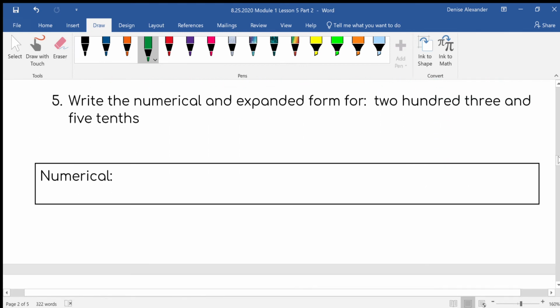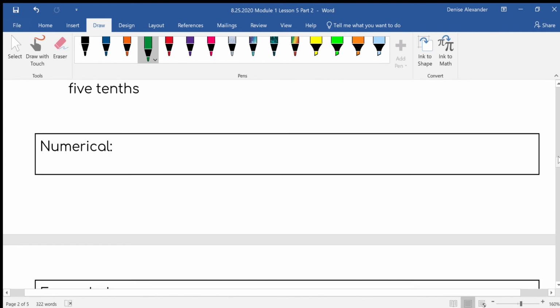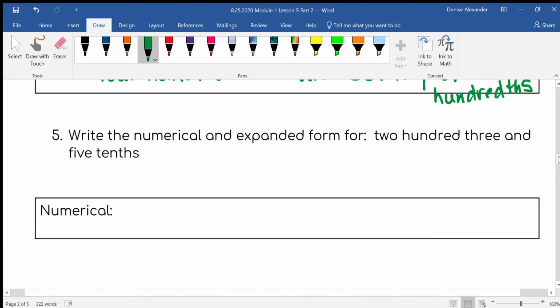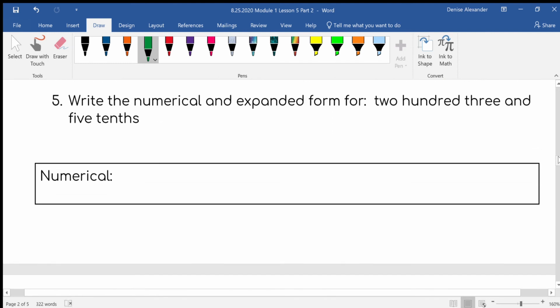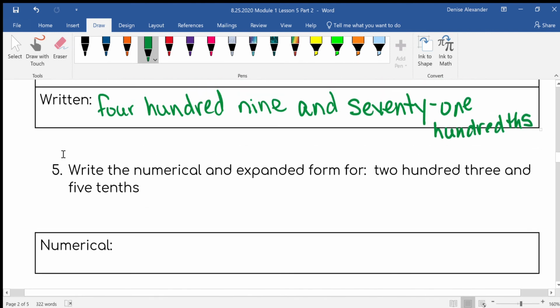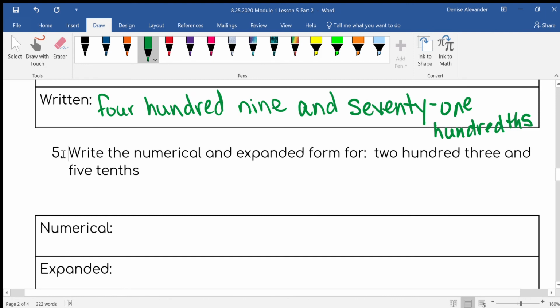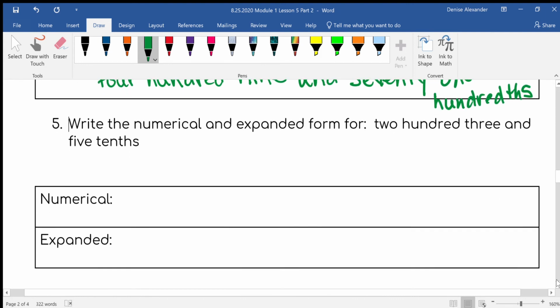So now we're going to go from word form to numerical and expanded. Okay, let's check. There we go. I got it up. Got to be able to see it. So we're going to start off with the numerical form from word form. It says 203 and 5/10. 203.